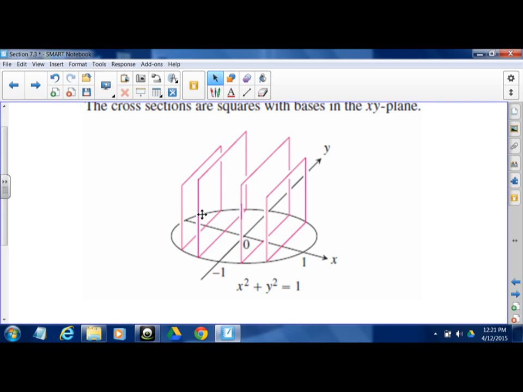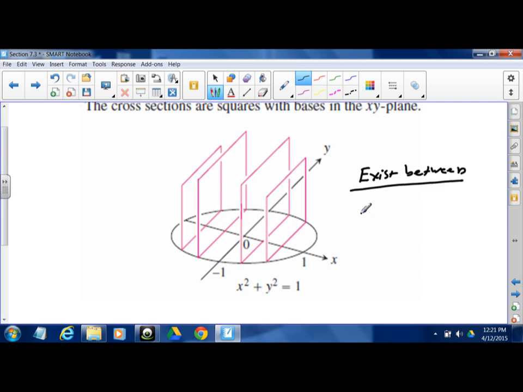Well, if you split the semicircle up into the top half and the bottom half, the positive half and the negative half of the radical, because we're going to isolate y, we can simply conclude that these cross sections exist between these two semicircles. And these two semicircle equations are negative root 1 minus x squared and positive root 1 minus x squared. And that's just taking this equation right here and solving it for y.